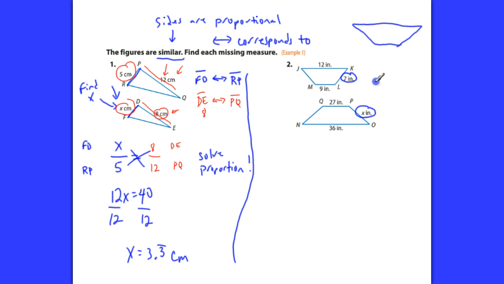Okay, so OP corresponds with KL. All right, so I'm going to write down here the length of OP is X, the length of KL is 7, and that's equal to, I'm going to do the other corresponding sides. Now you can pick either one here because you notice you have 27 corresponding with 9 and you have 36 corresponding with 12.